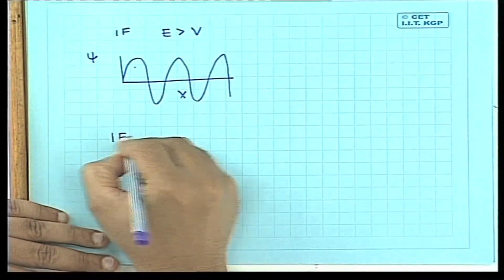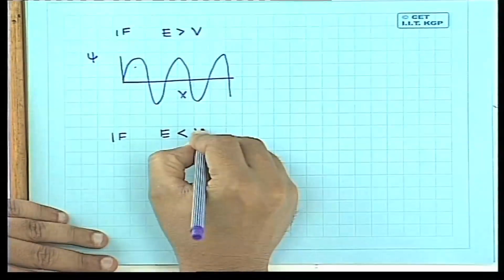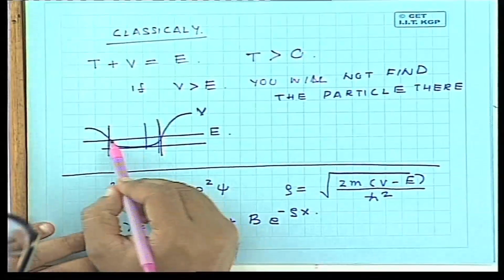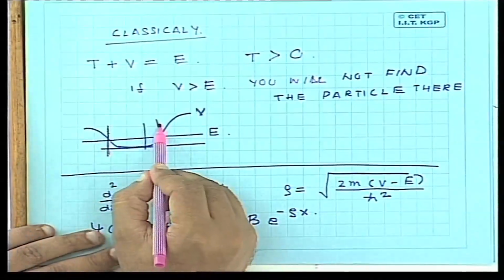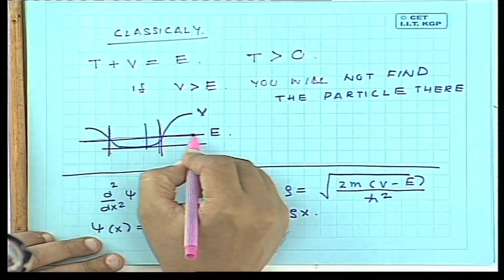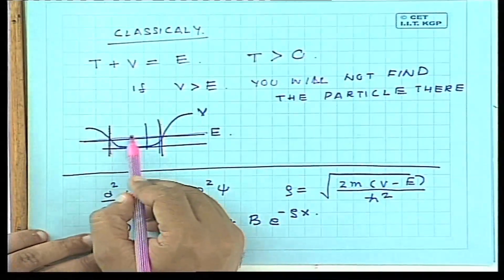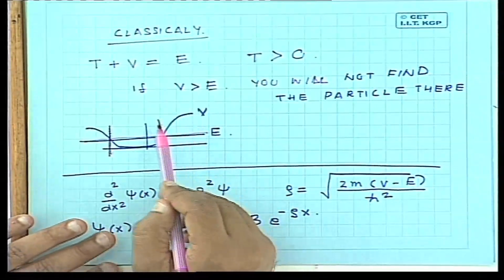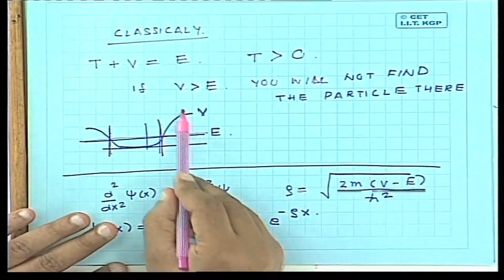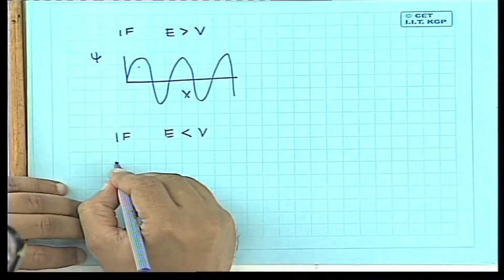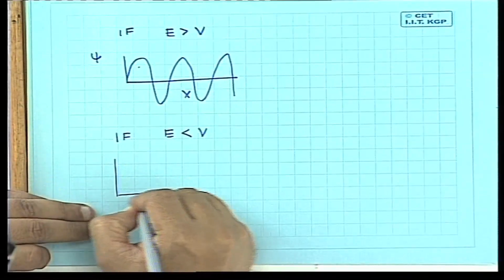If the energy is less than V, that is in the regions which are classically forbidden, so if you look at the wave function in this region over here, where the energy is greater than the potential, the wave function will have an oscillatory behavior. In the region which is classically forbidden, where the energy is less than the potential, the wave function will die down or has an exponential behavior.